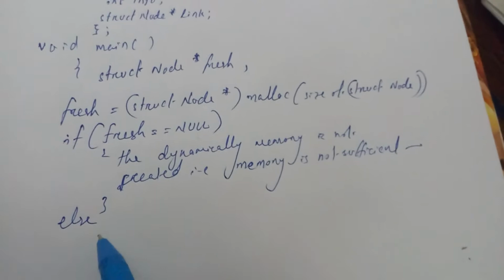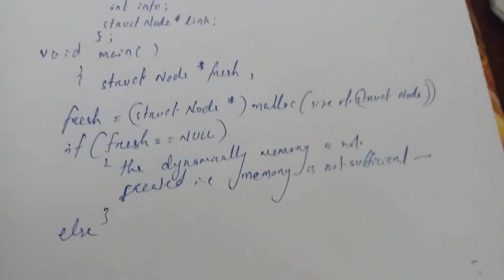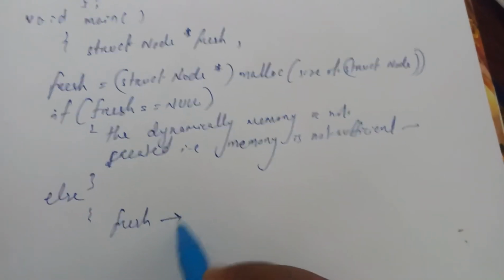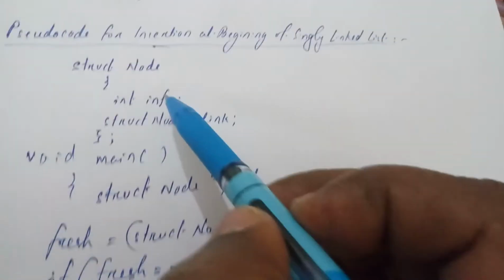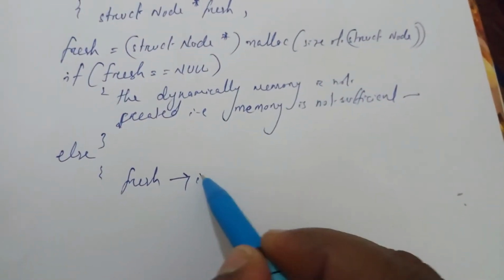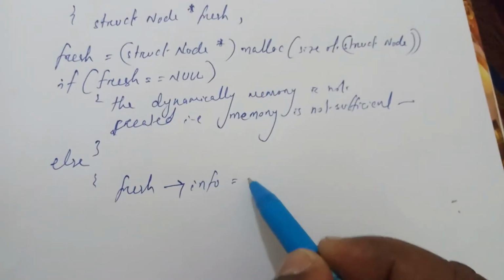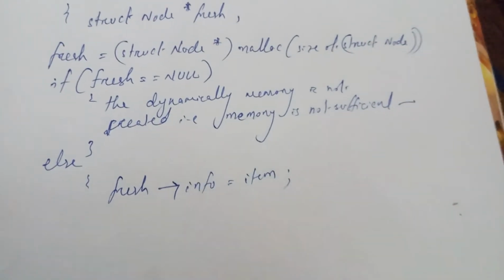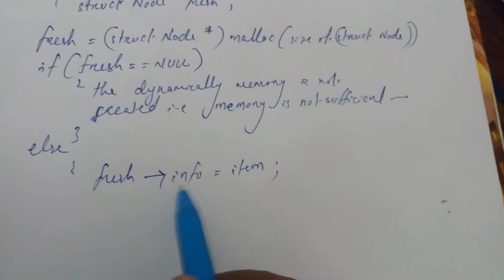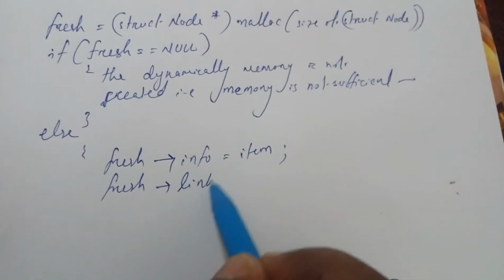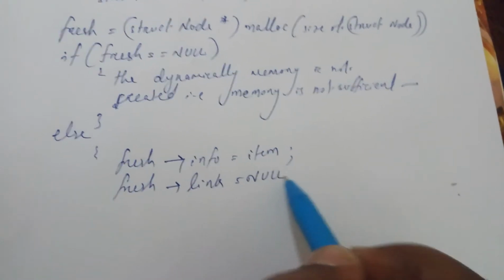So if it is created, then you can give the values to phrase. Phrase has two members, one is info, another is link. So phrase info is equal to value, whatever value you want to give to this info, and phrase link is equal to null.